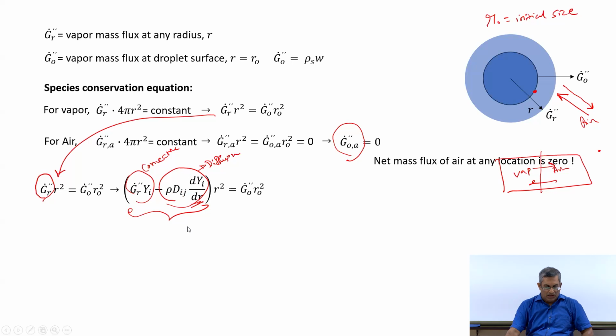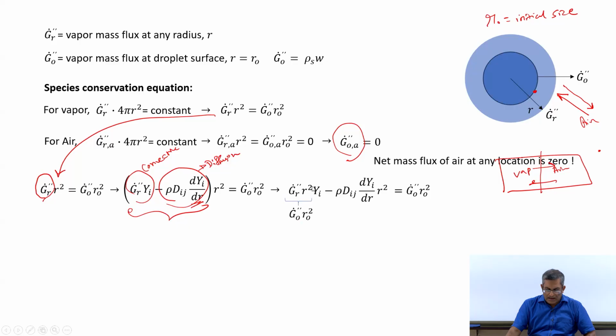Okay. So, now once we get this equation, then we can write it this way. So, bring in this term r square inside, but what is this term g r square? This is equal to g naught r naught square here.